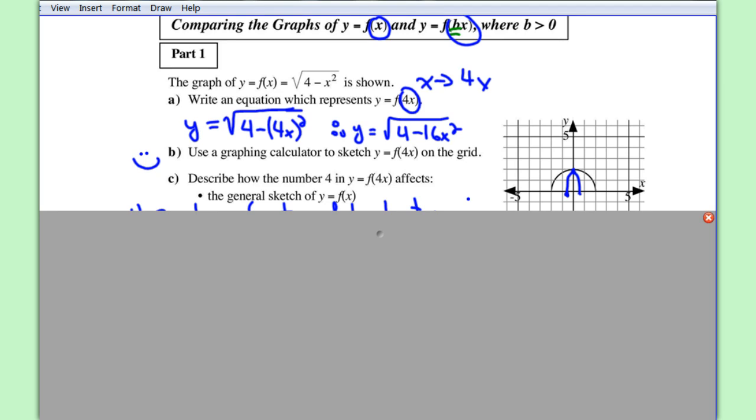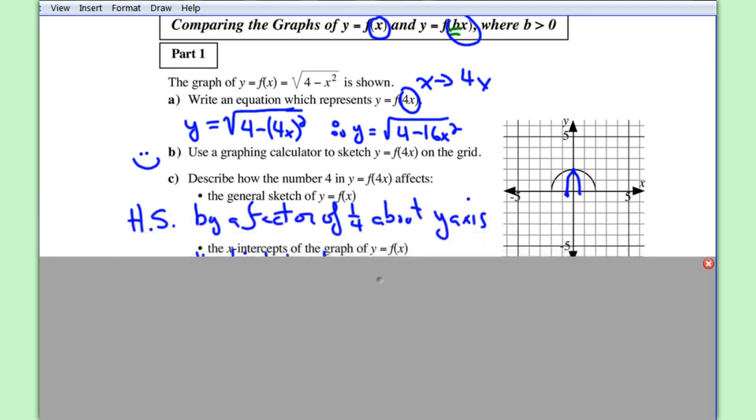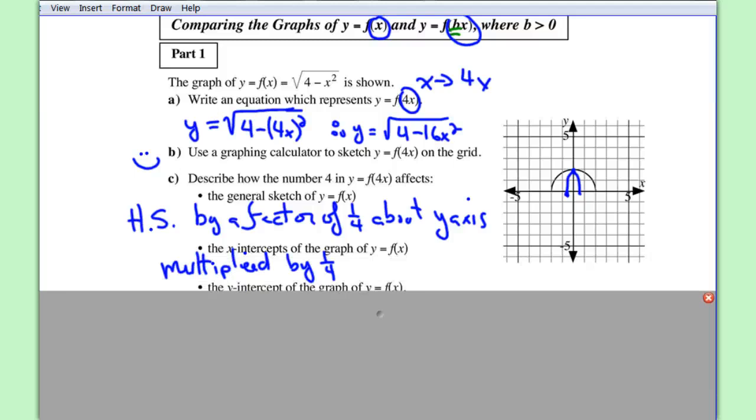It doesn't seem to be nearly as wide. Generally, what seems to be happening is it's actually 1/4 the width it used to be. It used to be all the way out here at 2, but now it's actually only at about a half when you look. When we look at the x-intercepts, they seem to be multiplied by 1/4.